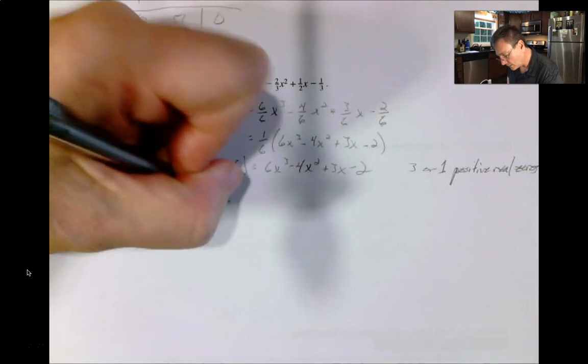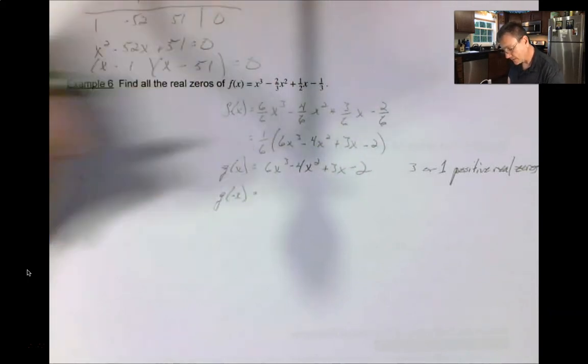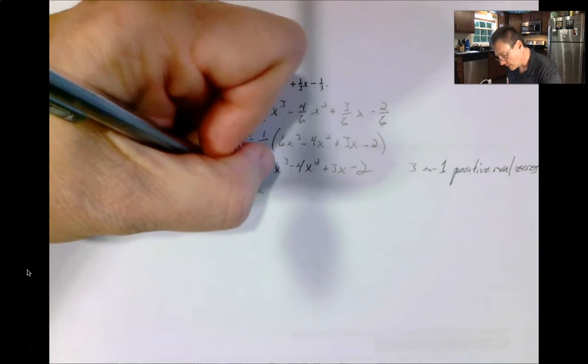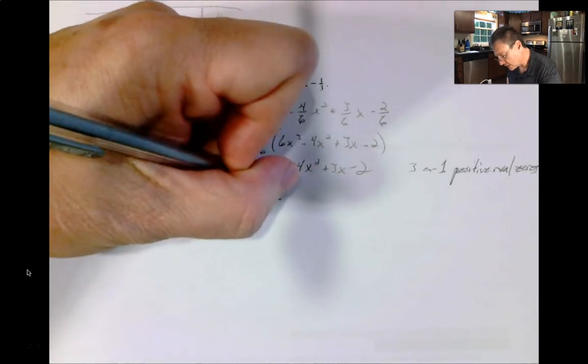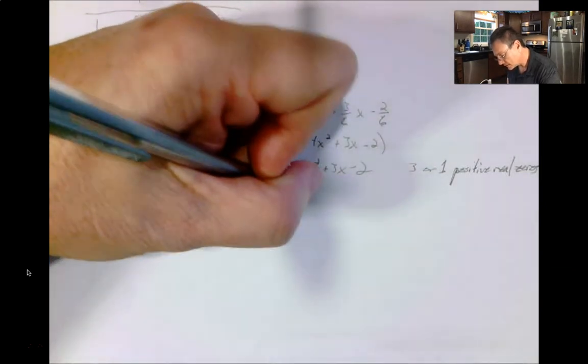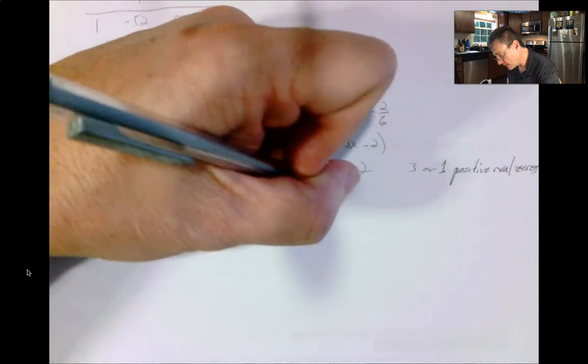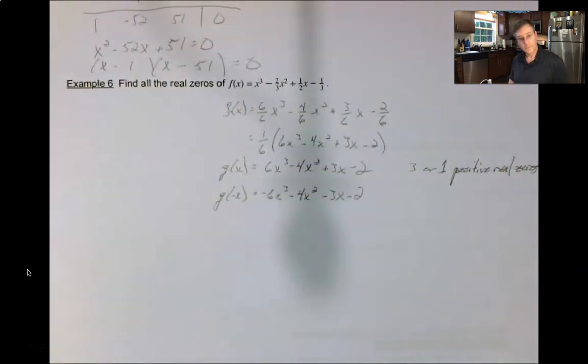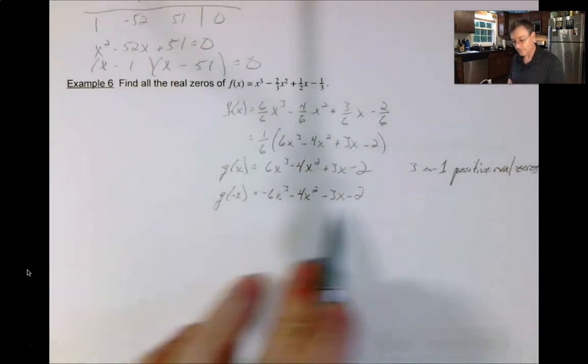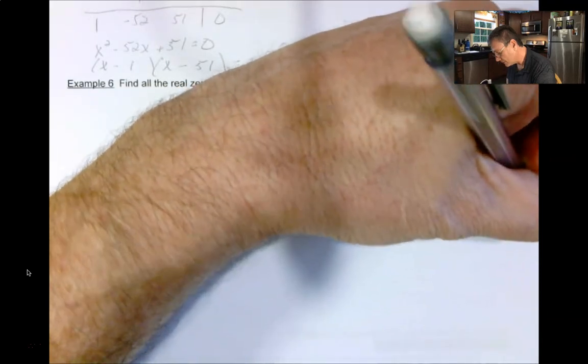G of negative x equals negative 6x cubed minus 4x squared minus 3x minus 2. We love to see that because there are no negative real zeros.